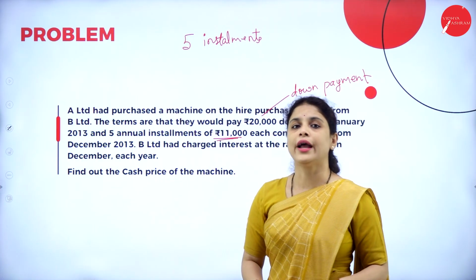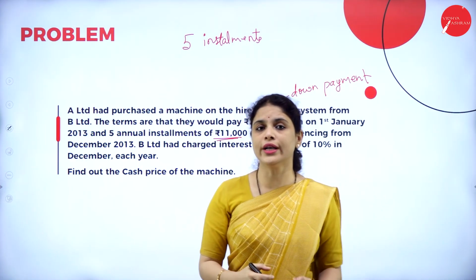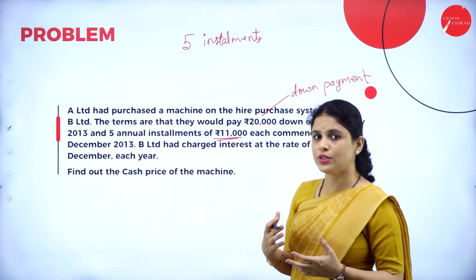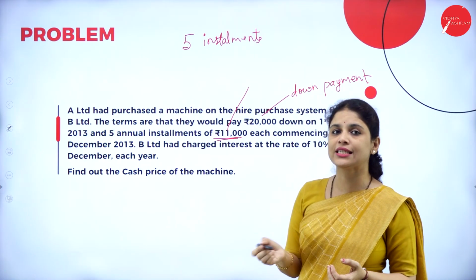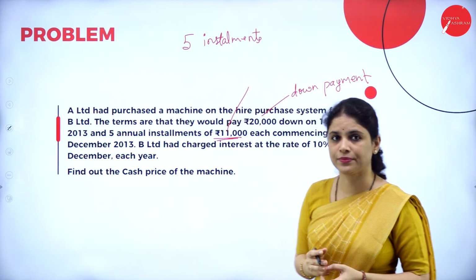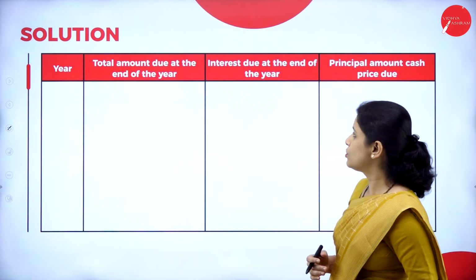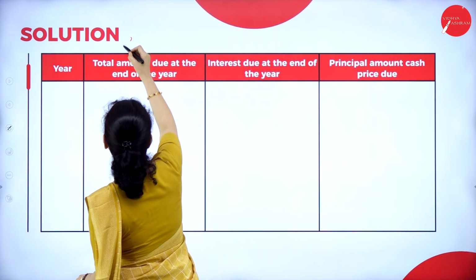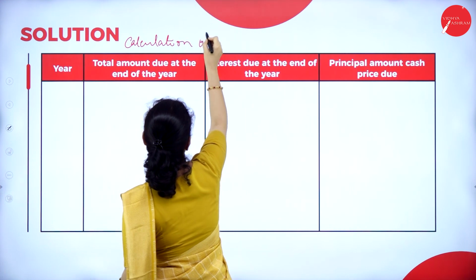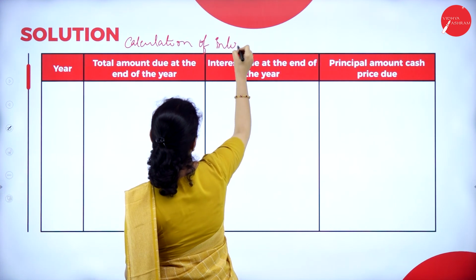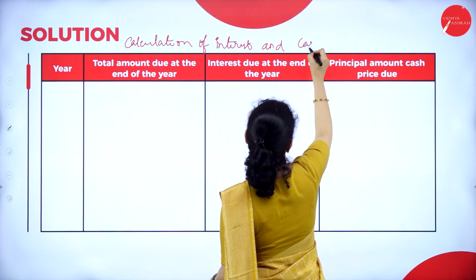So here the hire purchase price is given, and they told us to calculate the cash price. That means whatever amount they have given here, 11,000, is cash price plus interest. So what we have to do here is start with the last year. They asked for the calculation of interest and cash price.